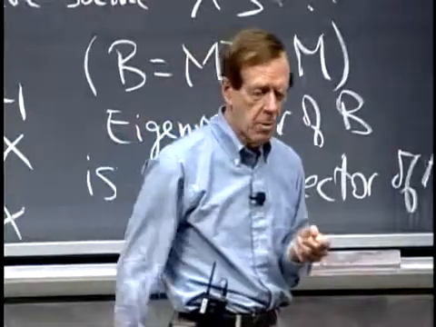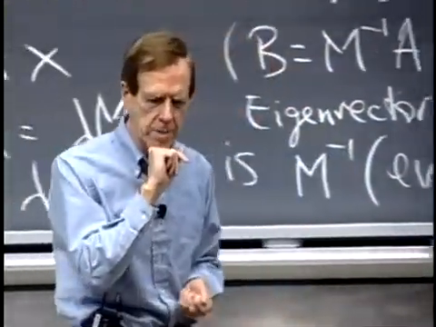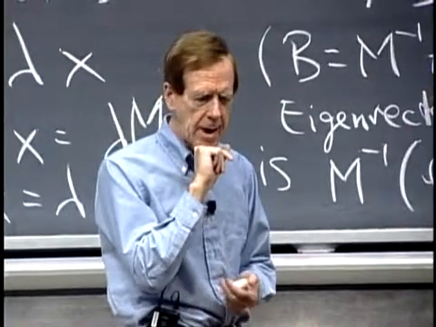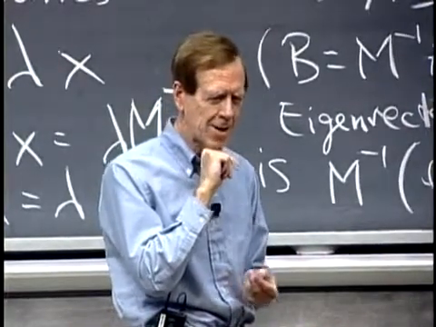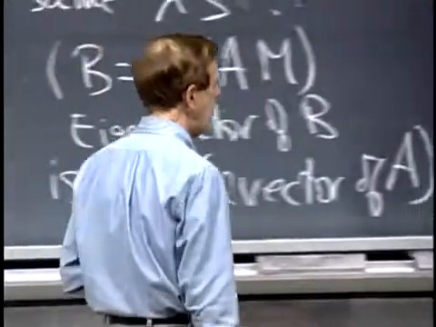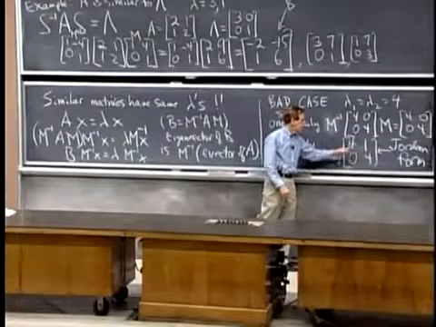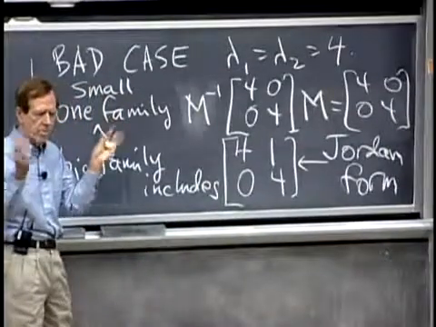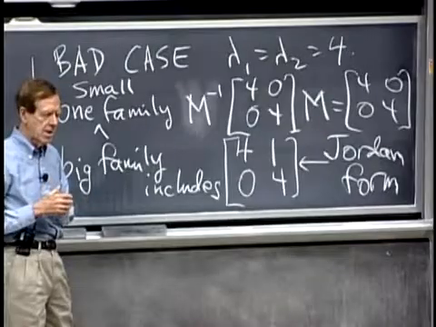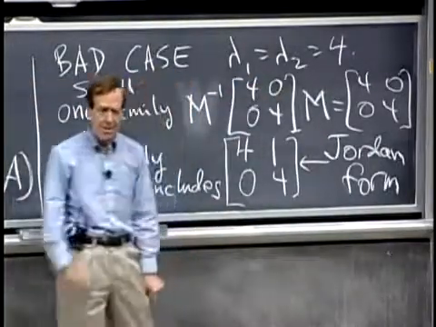It used to be, when I took 1806, that was the climax of the course, this Jordan form stuff. I think it's not the climax of linear algebra anymore, because it's not easy to find this Jordan form for a general matrix, because it depends on these eigenvalues being exactly the same.